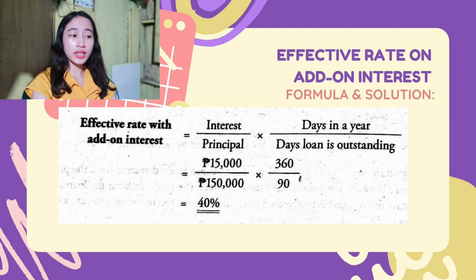Our days in a year is considered as 360 and the days loan outstanding given in the problem is 90. So 15,000 divided by 150,000 times 360 divided by 90 gives us 40%, and that will be the effective rate with add-on interest.